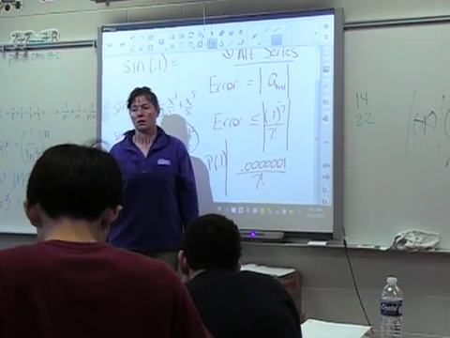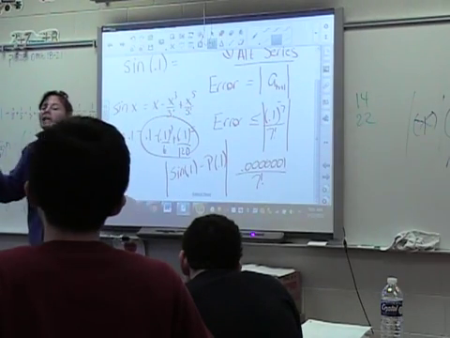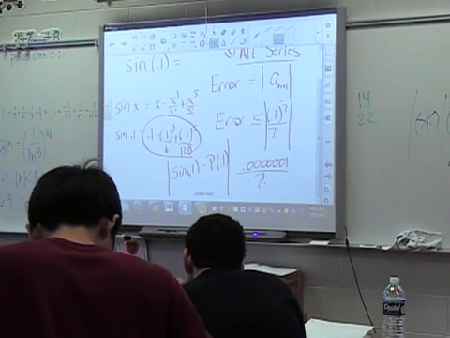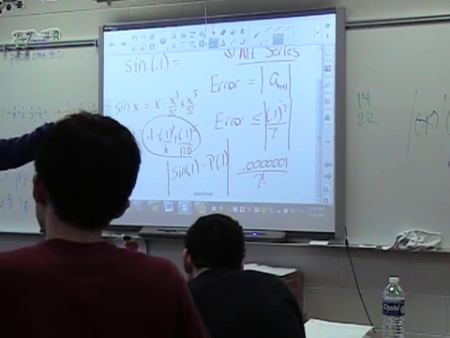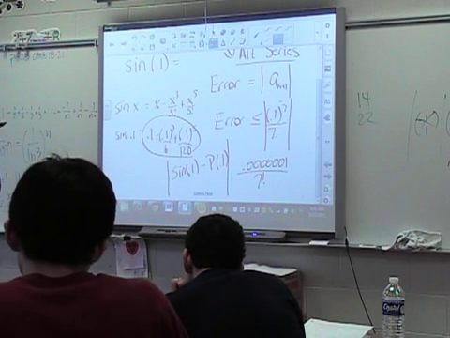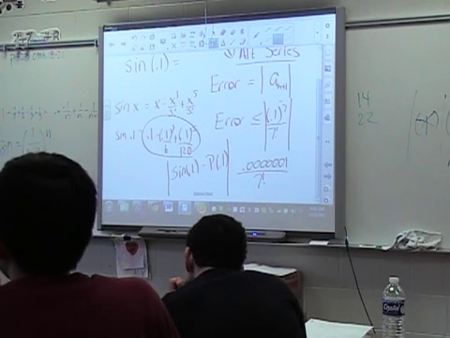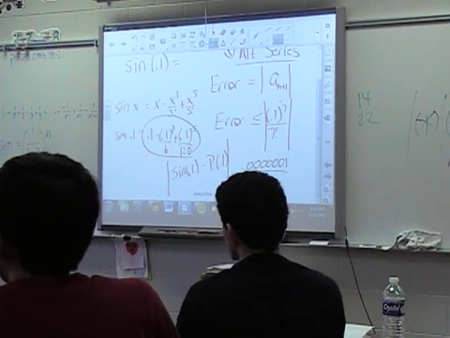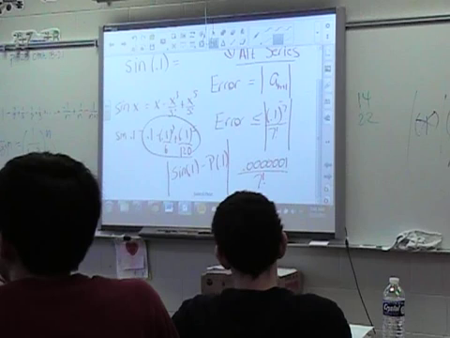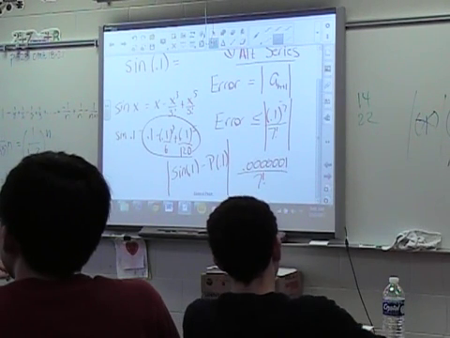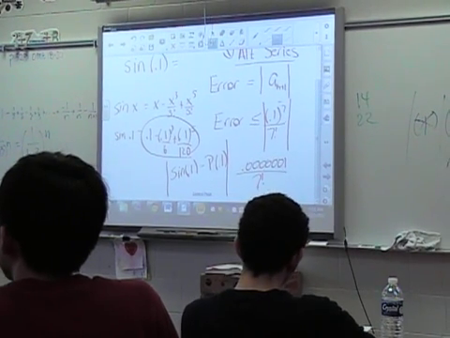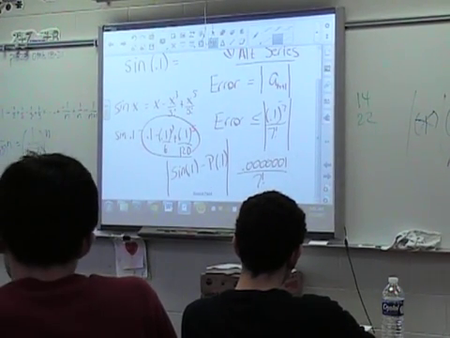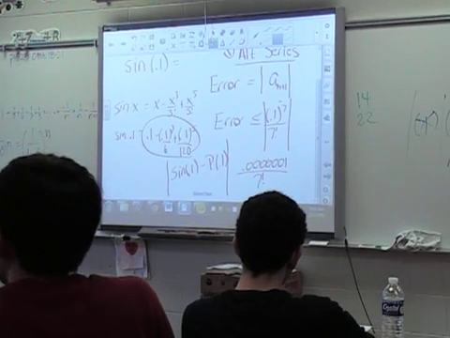We don't care if the next term is positive or negative. I know that the error is going to be less than whatever that next term is, even if I'm adding it or subtracting it, because that's the most that I can be off.